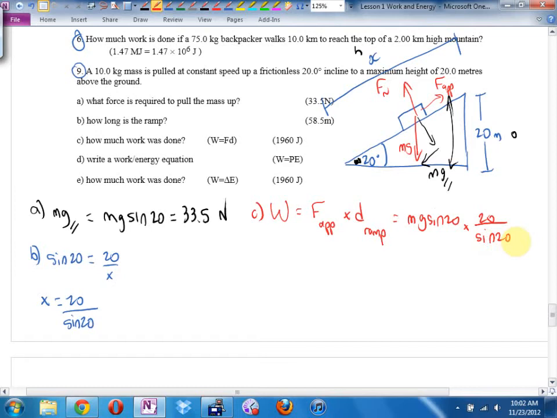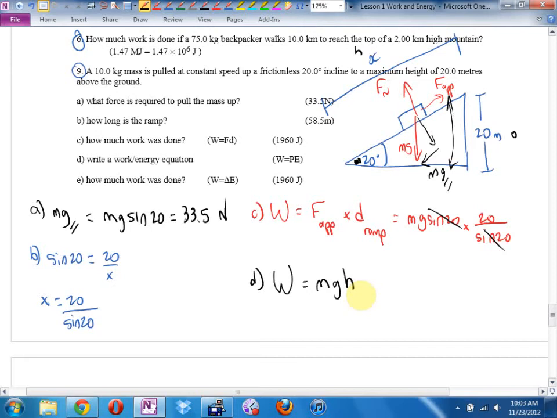Does anybody notice something a little neat that happens here? Turns out the sine 20s cancel, and that leads us to part D. Part D says write a work energy equation. Another way we could have calculated the work is to say mgh, because the force that you're doing work against is gravity, and the height that you're lifting it is 20.